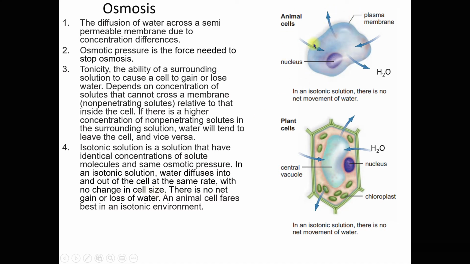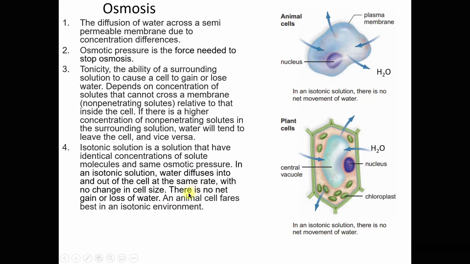When animal cells and plant cells are placed into an isotonic solution, there is no change in the cell size, because water diffuses into and out of the cell at the same rate.